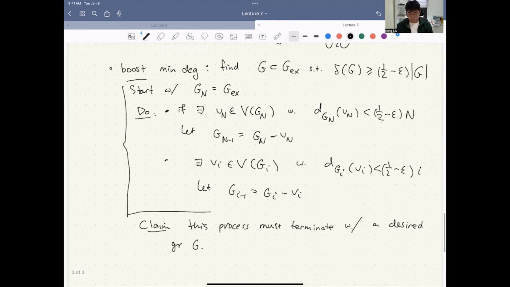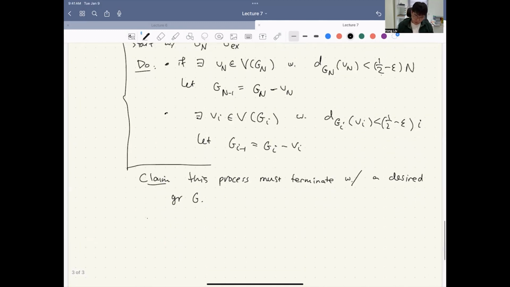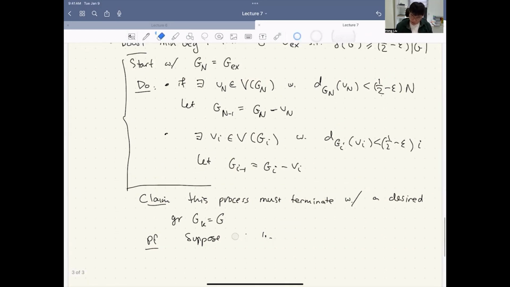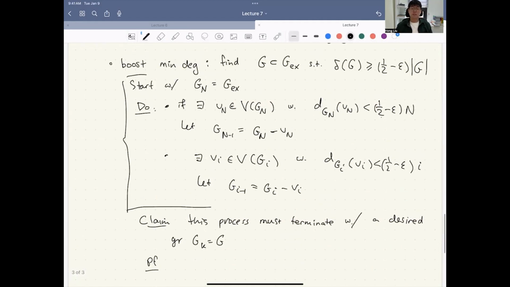Well, let's prove this. Suppose at the end, let's call it G_K, at the K step. So G_K is the graph we obtain at the very last step. Remember, this subindex K is the number of vertices we have.